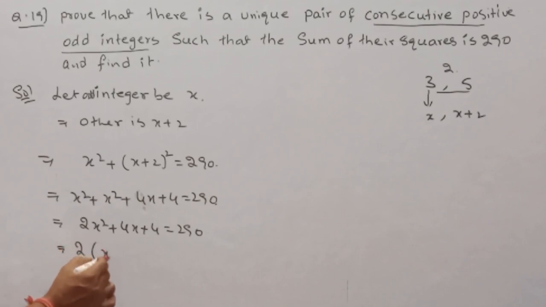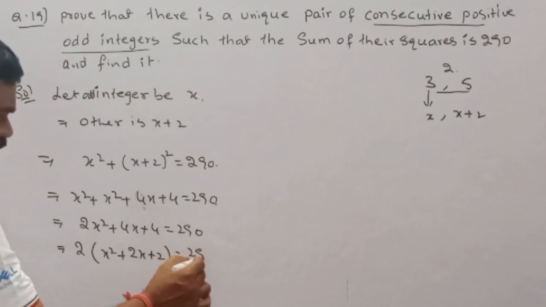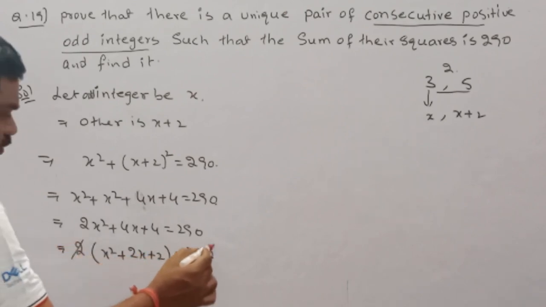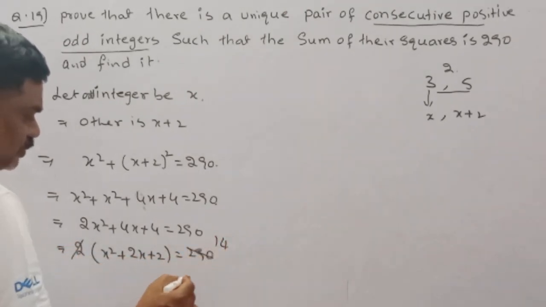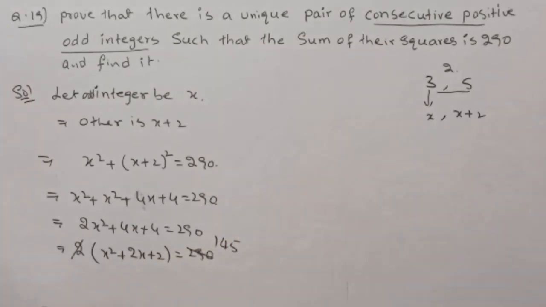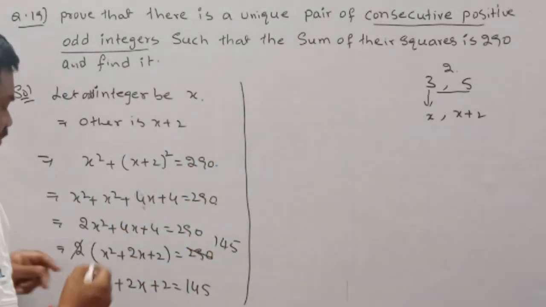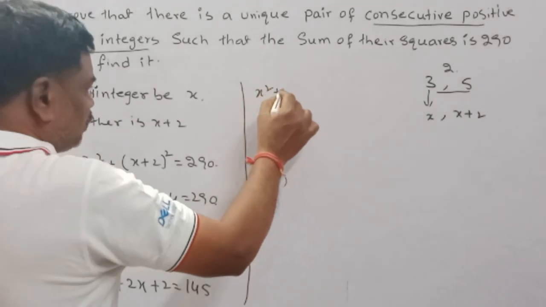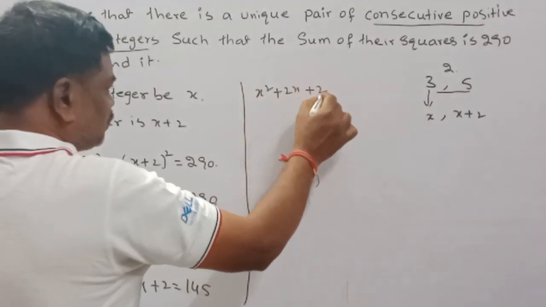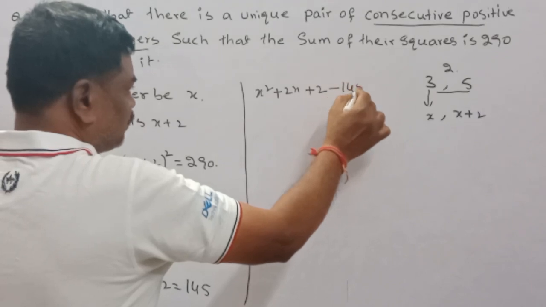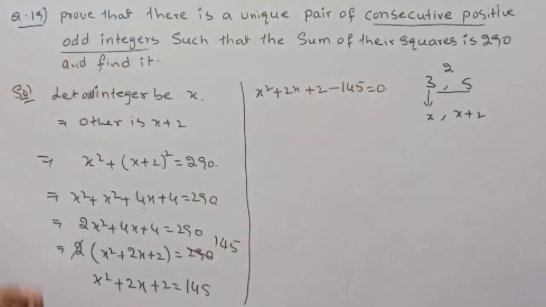Taking 2 as common, x square plus 2x plus 2 is equal to 145. Then x square plus 2x plus 2 minus 145 equal to 0.